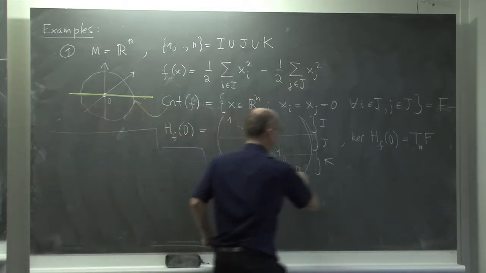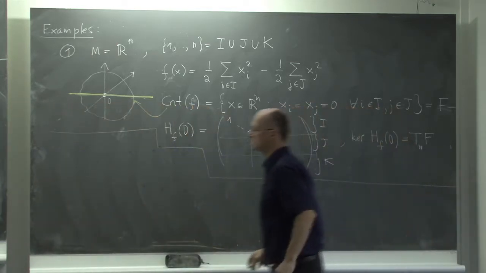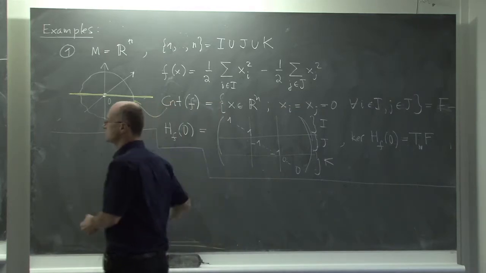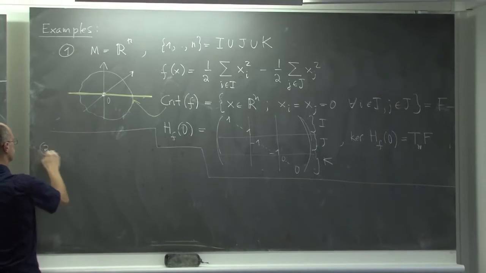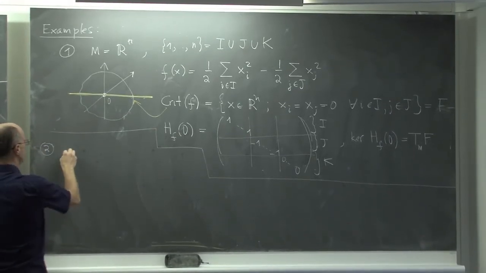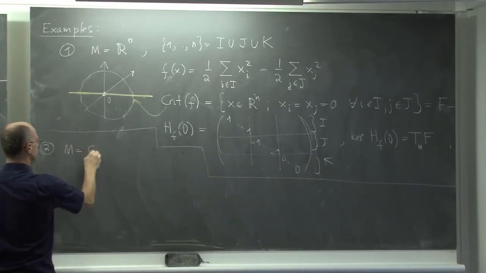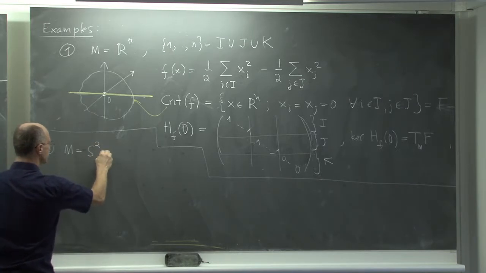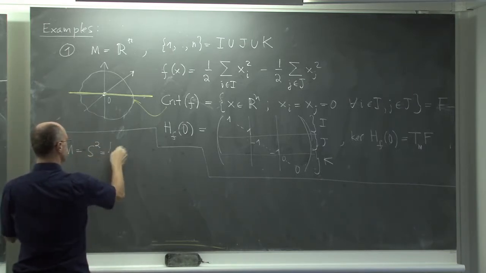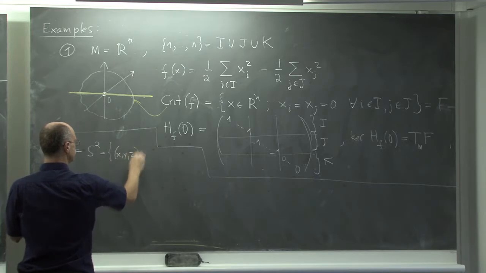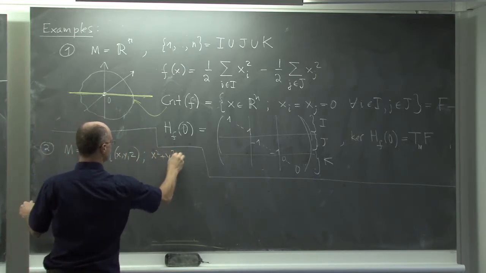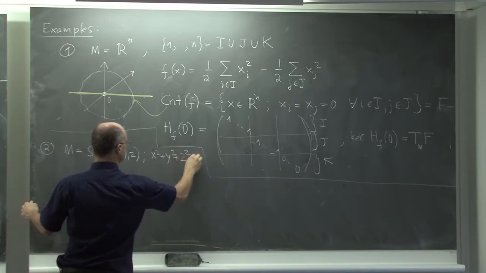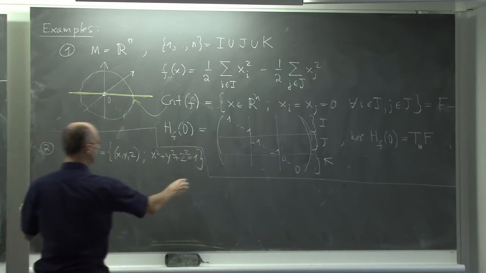Now let me draw some more pictures. Let me take M to be a sphere S^2 that I imagine is a round sphere in R^3.